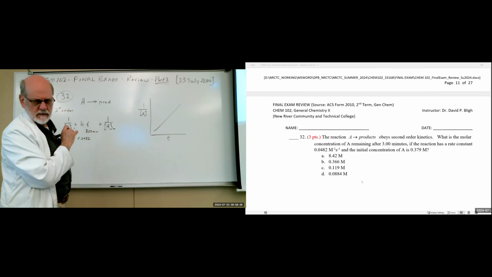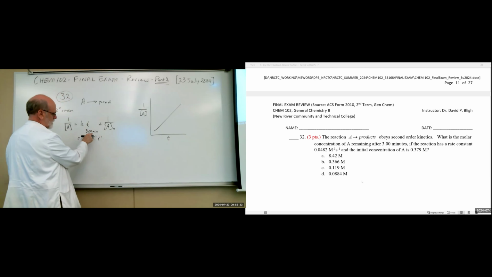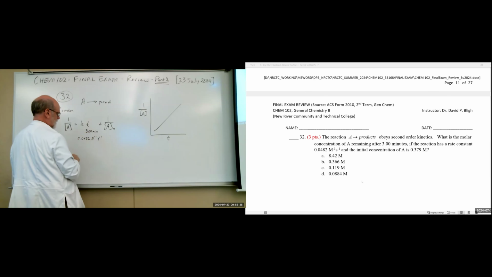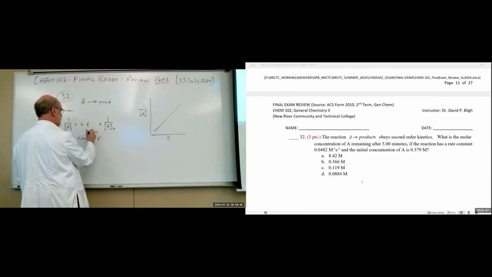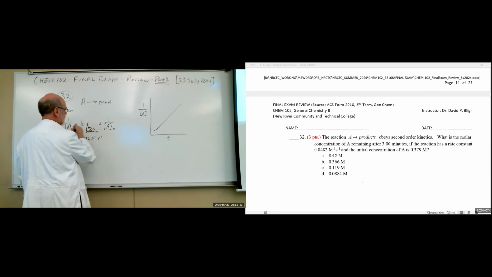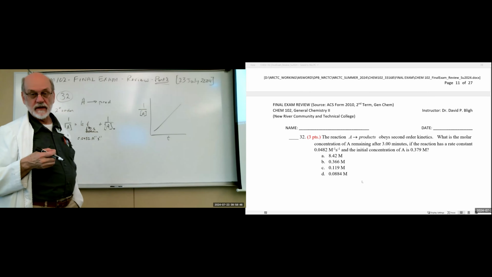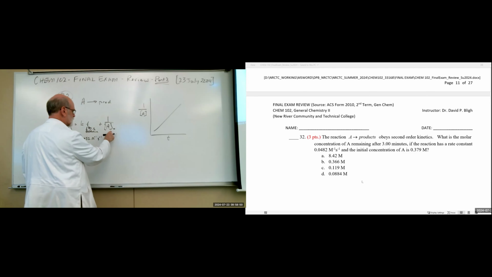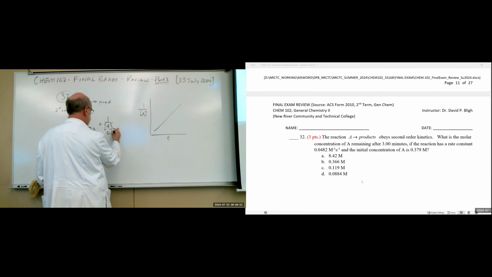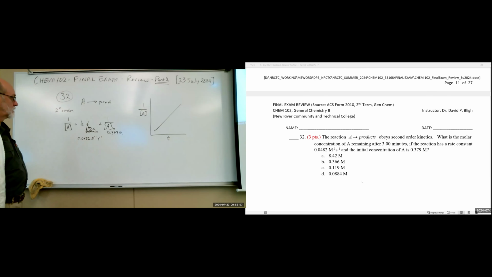But this is molarity seconds, so this needs to be in seconds. 60 times 3 is 180, so this is 180 seconds. Initial concentration, 0.379 molar. All right, I think we got everything we need.